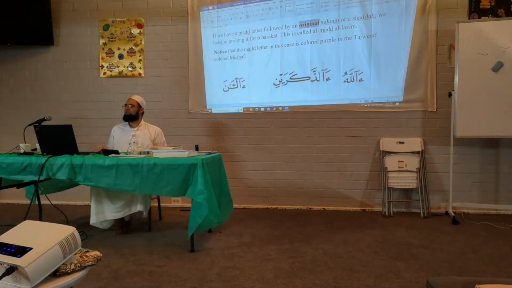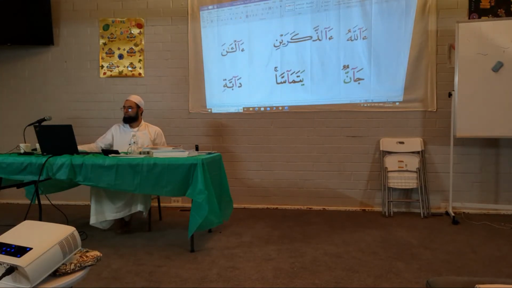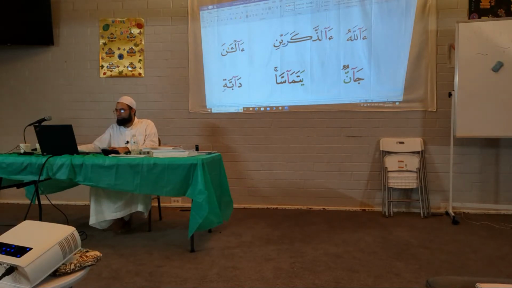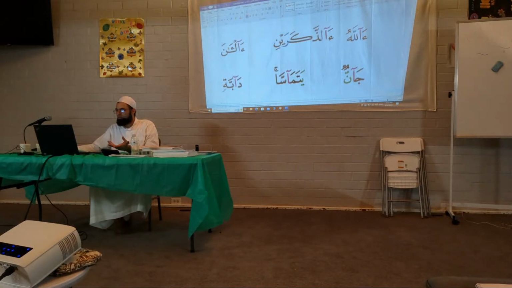Notice that the med letter in this case is colored purple in the Tajweed color. Okay, here we have some special words. We're gonna take them later, but let's take them just in case we don't catch up. Let's take first. I don't know why I put these examples. What page is this? 19. Oh, ماشي, okay.